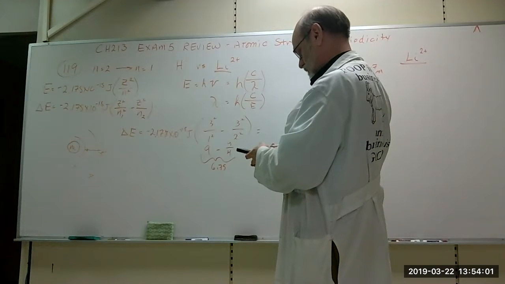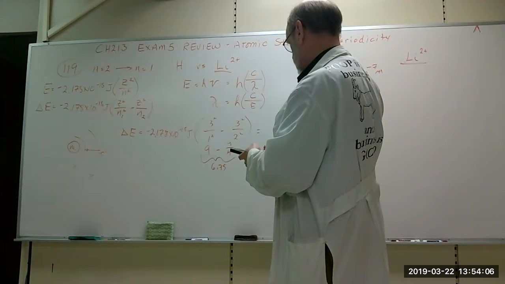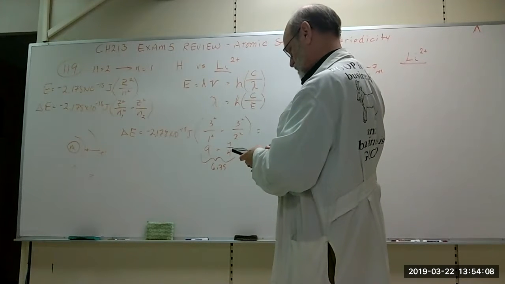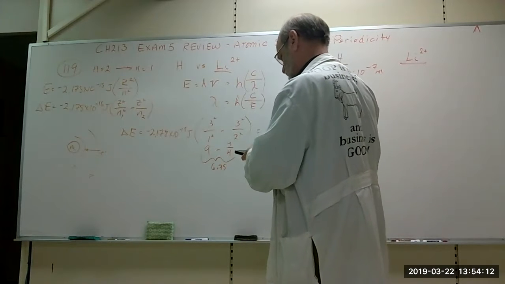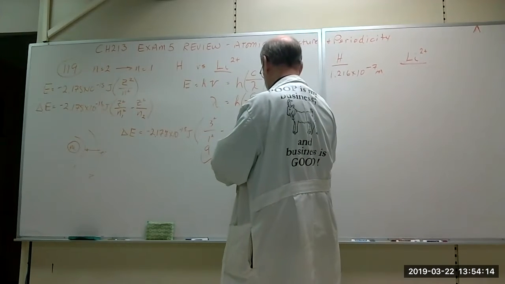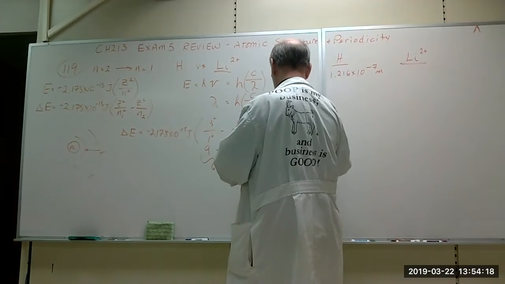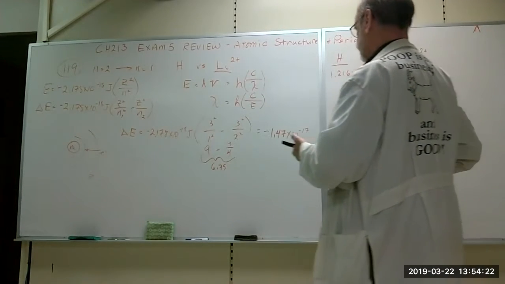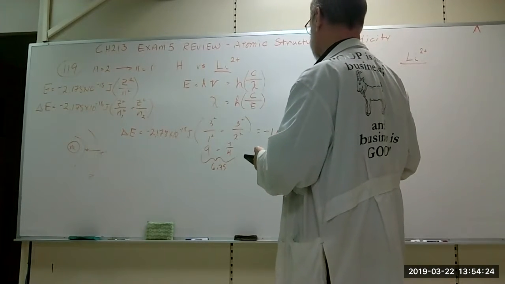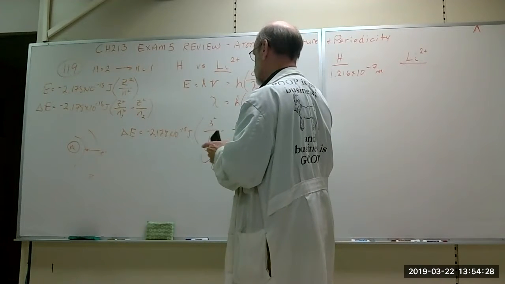And exponent. That's a negative. So times. So this is minus 1.47 times 10 to the minus 17 energy. I think we can leave the negative sign out because we really only need the change in energy.